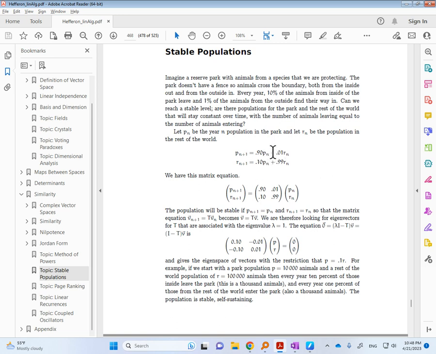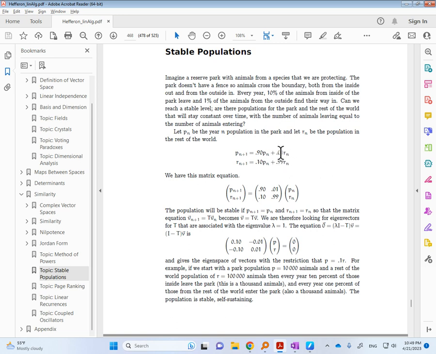I should say, in order to balance the populations so that they don't change, the population outside of the park will have to be 10 times bigger, because the outflow from the park would have to be the inflow to the park.